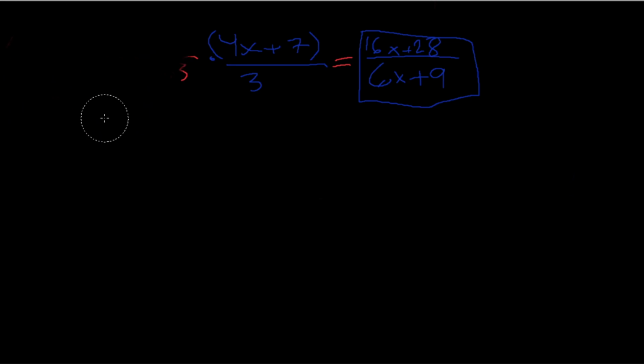Now, if that makes sense, then we're going to jump straight into a much more difficult one of, we'll say, 4x plus 1 over 5x plus 2. Now this in itself is still a rational equation. It just has an x on the top and an x on the bottom, which is perfectly normal.